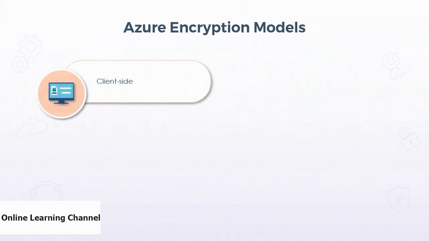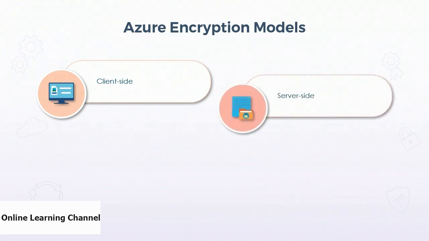So while not all services are created equal, there are particular sets of encryption models that Azure uses. For example, client-side encryption can be implemented to perform encryption outside of Azure. So that includes encryption performed on a customer data center or by a custom client application. Or it can include data that's already been encrypted before even getting to Azure. In a client-side model, even Azure doesn't have access to the data in the database, but it does mean that someone else has to control the keys.